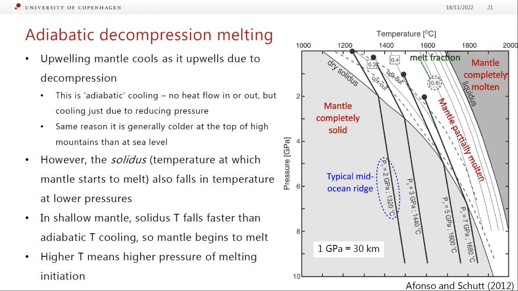So this would be a mid-ocean ridge where it's relatively cold. This would be a plume where it's really hot. Each one of these lines is the path that an ascending blob of mantle would take, if it's normal temperature, if it's a little bit hotter, if it's really hot. Does that make sense? All right.